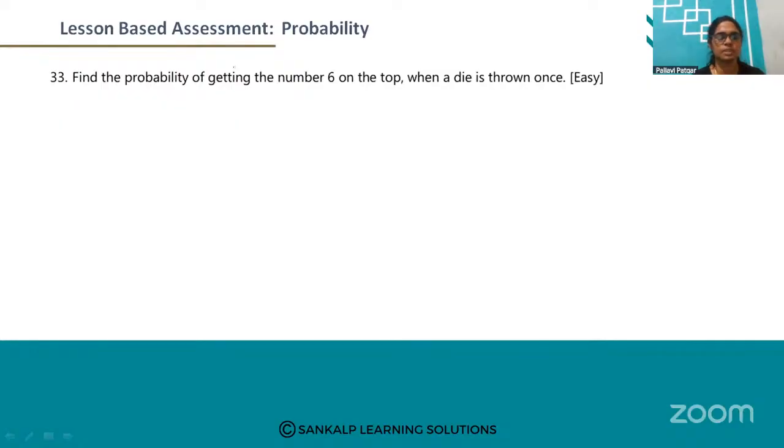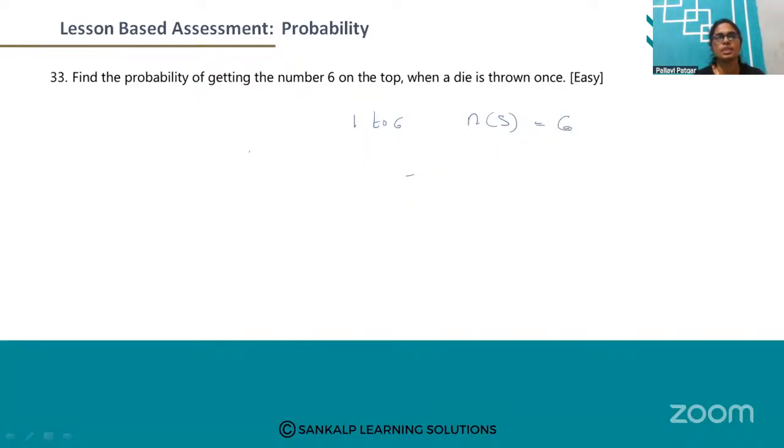Look at the question number 33. Find the probability of getting the number 6 on the top when a die is thrown once. Here a standard die has 6 faces, each with a different number from 1 to 6. So n of S, the total number of possible outcomes, is 6.